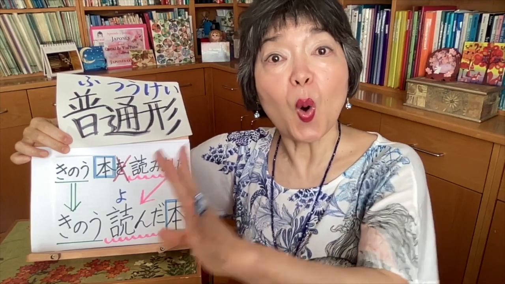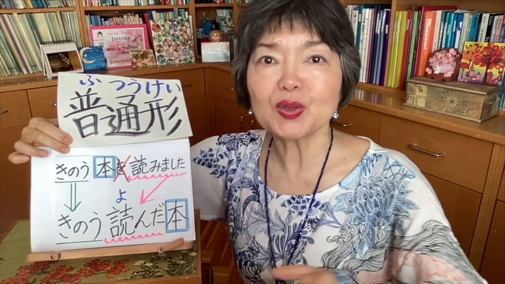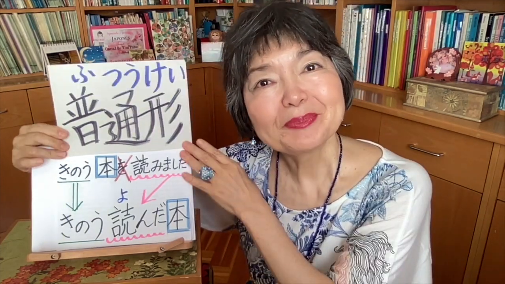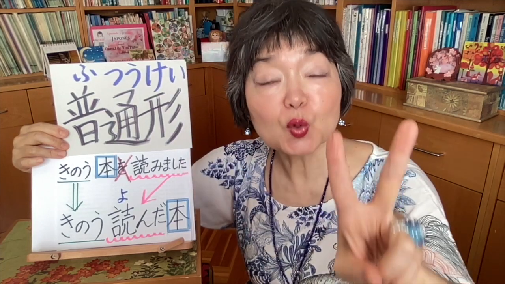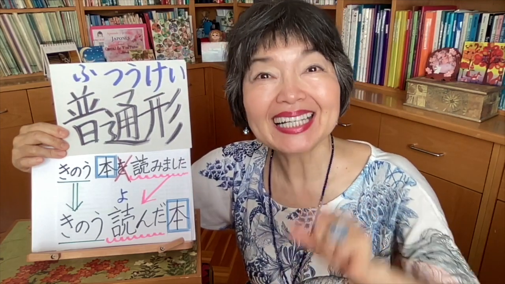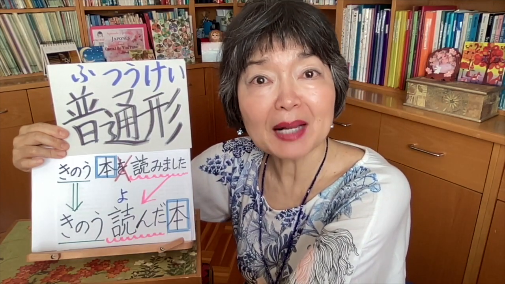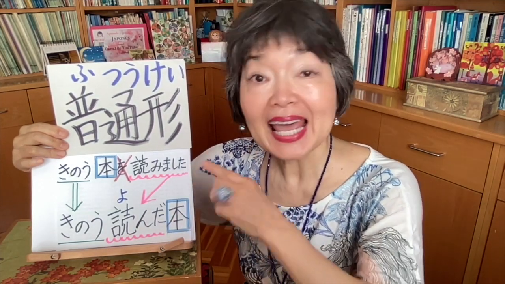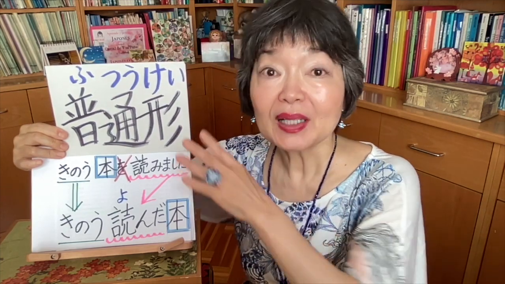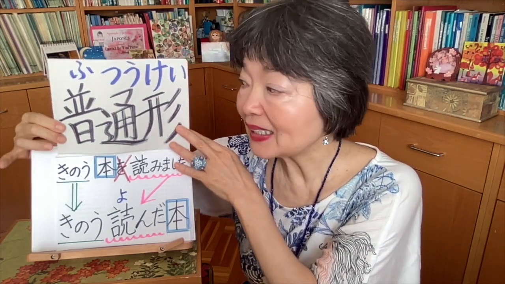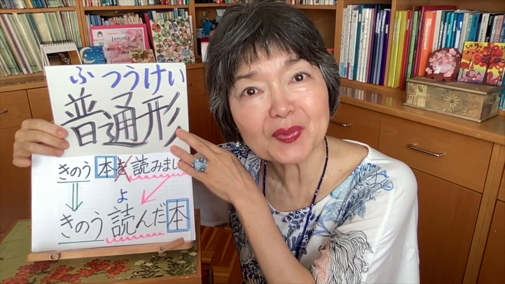But now, a whole sentence is going to decorate a word. Please keep in mind these two rules. Do you remember? The first one, all the decorations always come before the noun. And the second rule, just before the noun, this is 普通形, the plain form.